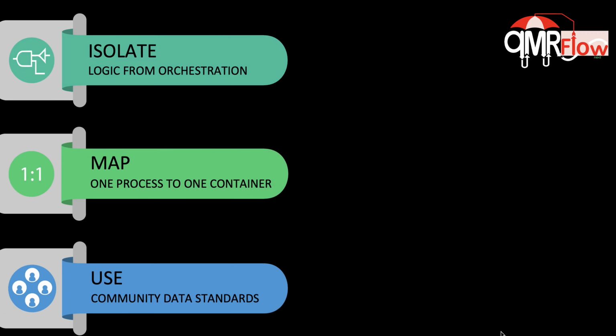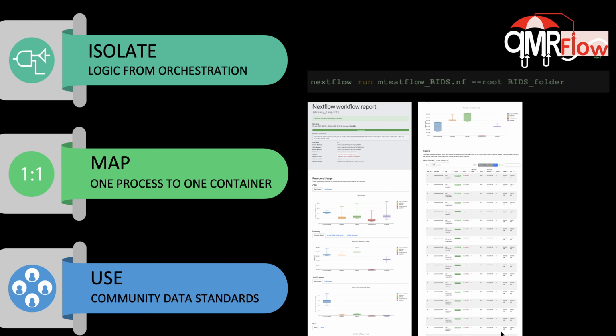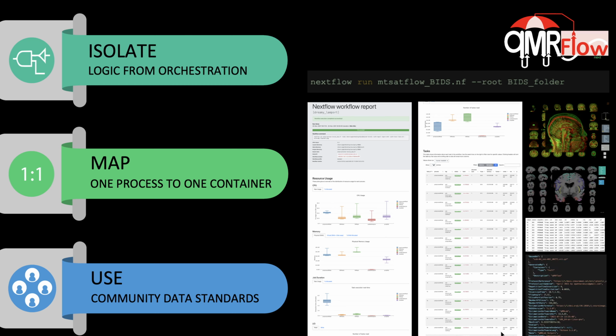And the three key principles that he wrote this with are isolate, map, and use. And this is a demo that he did with MTSAT flow, and it produces workflow reports and quality control reports afterwards.